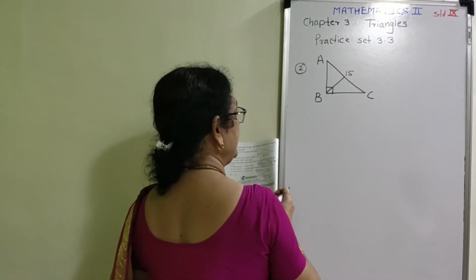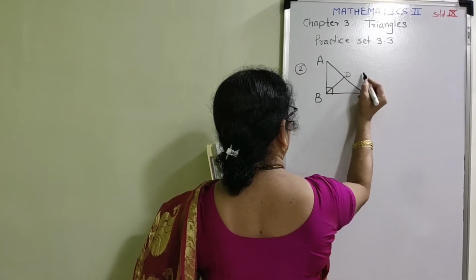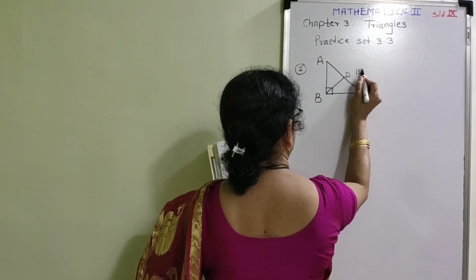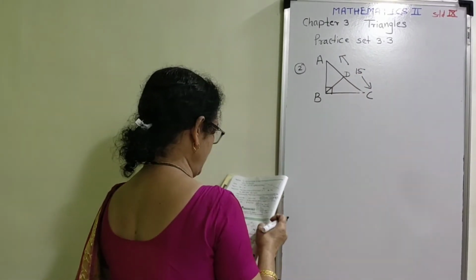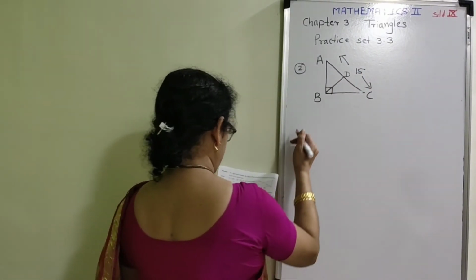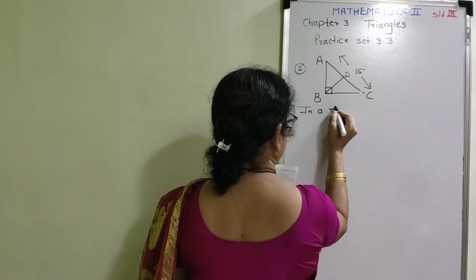Find the length of the median. Suppose this point is D. The entire length of the hypotenuse is 15. Now I am going to write the property in a right angle triangle.